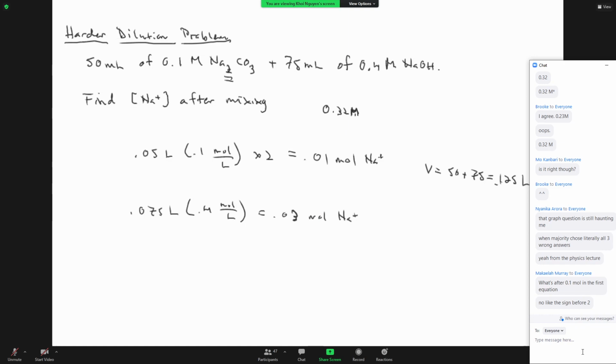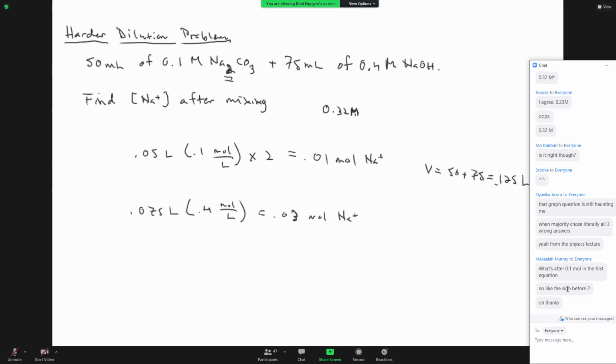Oh, it's just a multiplication. I'm multiplying it by 2 based on the 2 that we have in sodium. So we have 0.04 moles divided by 0.125 liters. It's going to give you 0.32 molarity, or moles per liter.